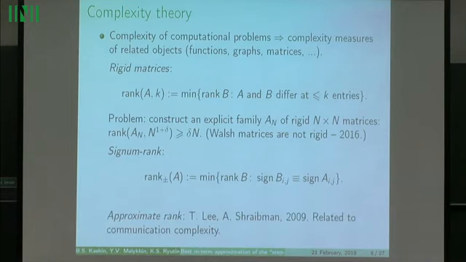So I mentioned some authors. It's Lee, Shraibman, and also Alon was interested in this kind of problems. So this suggests the notion of approximate Lee-Shraibman. They studied signum ranks for different matrices and so on.